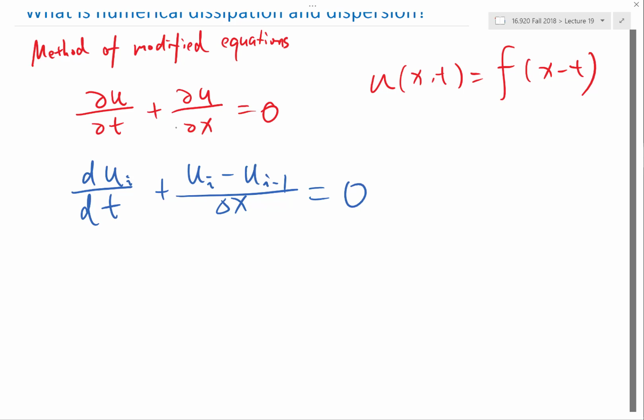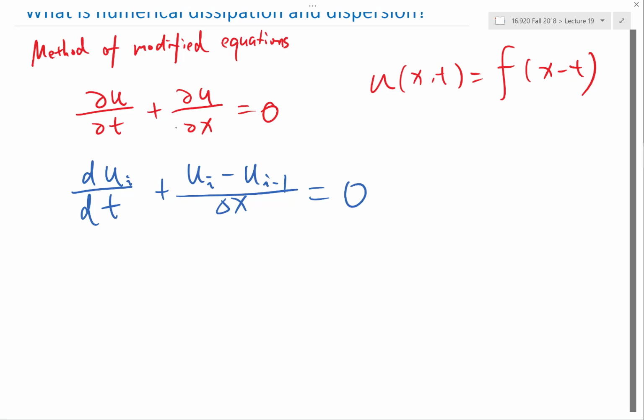And the method of modified equation, or the analysis using modified equation, is the idea that although this numerical scheme is only a first order approximation to that particular differential equation, maybe it is actually a higher order approximation of a slightly different differential equation.